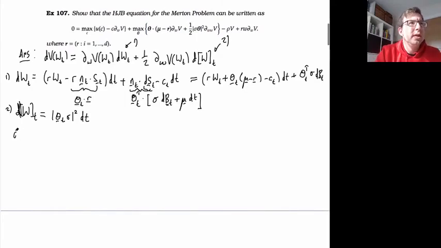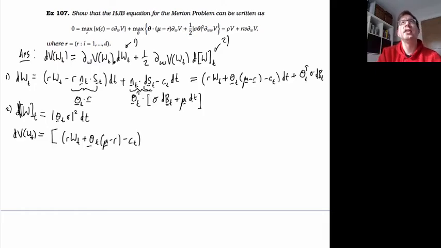So dV of w of t is going to be equal to this dt times this part, r of w_t plus theta_t (mu minus r) minus c_t, and all of that times the partial derivative of V, and all of that's dt.